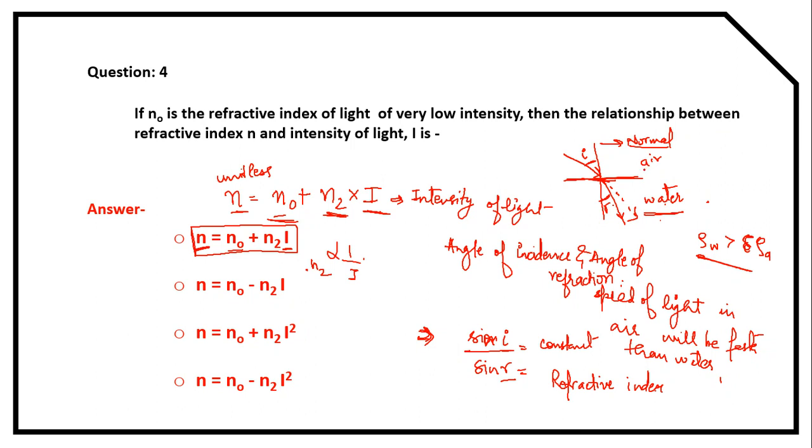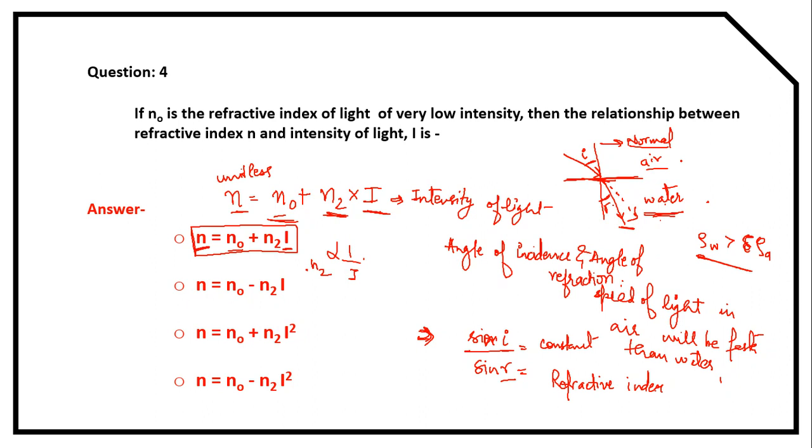Suppose it passes from a rarer medium to a denser medium, there will be a decrease in the speed of light. Not only will there be a change in the angle of incidence and refraction, there will also be a change in the speed of light. When it passes through a denser medium, the speed of light reduces. We will also study this application in further questions, what the relation is and how it can be used in other techniques.